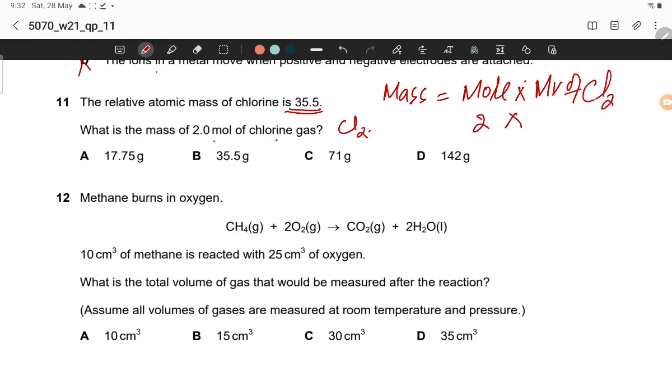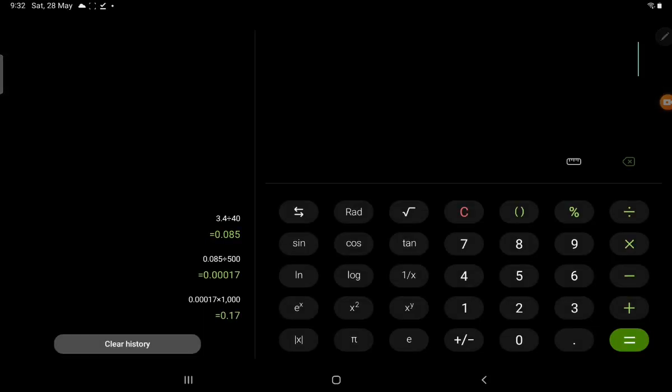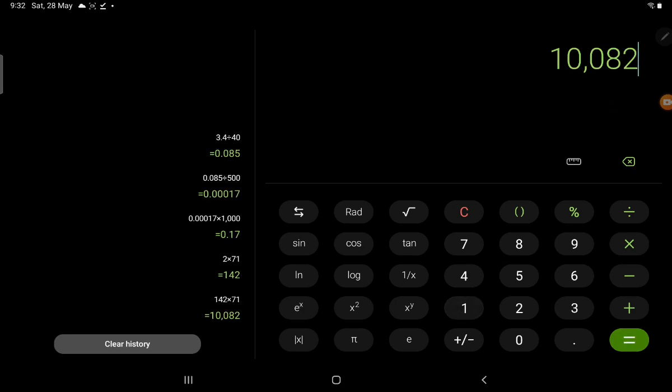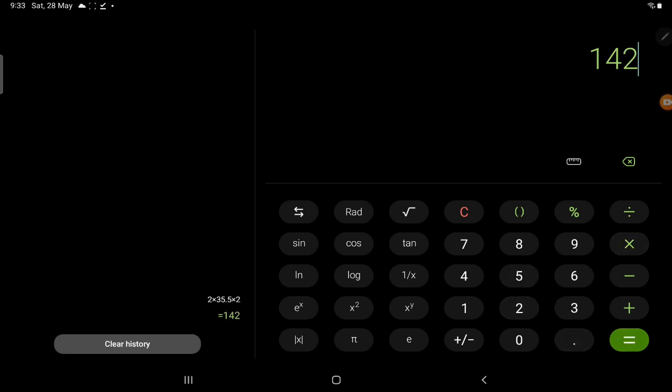Moles is 2, Mr is 35.5 times 2, which is 71. So 2 times 71 is equal to 142.